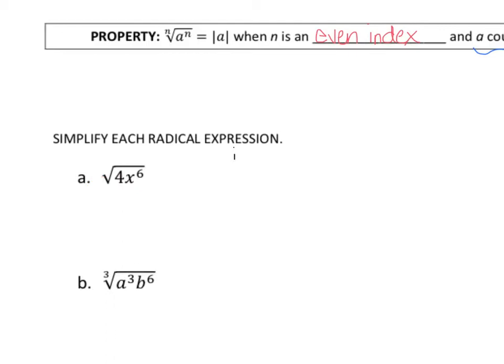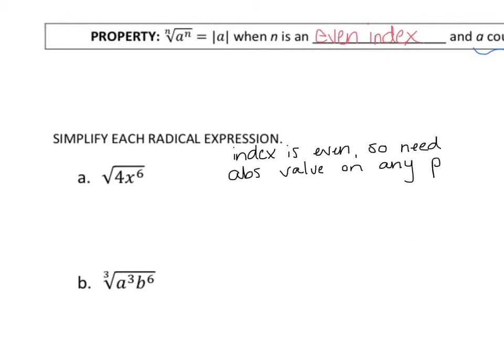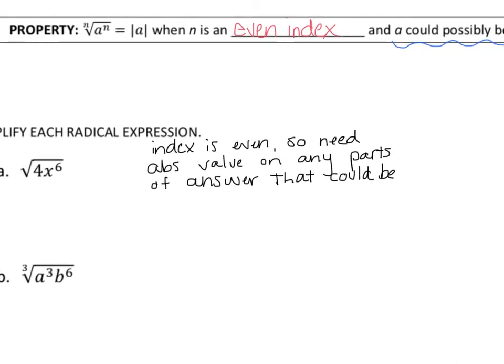Okay, so index is even, so need absolute value on any parts of answer that could be negative. Hopefully that long drawn out thought will help you later remember how we figured this out. So at the end, we're going to come back and see if we need absolute value.